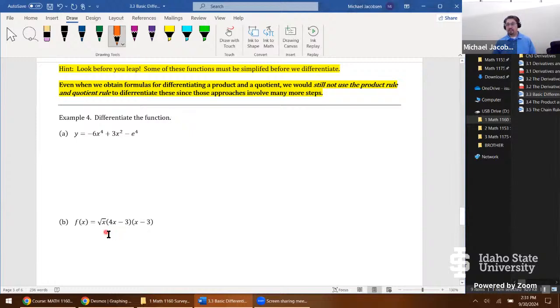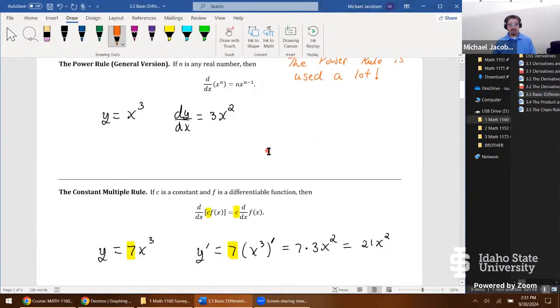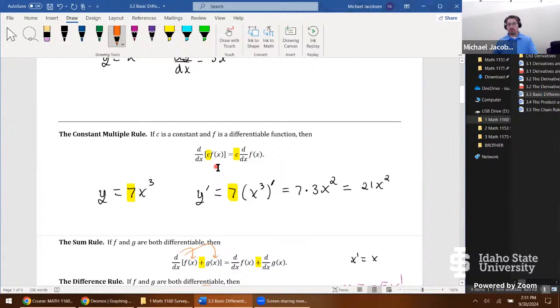If you look at the notes carefully, we don't yet have a formula for when things are being multiplied as functions. Sure, this -6 is multiplying x to the 4th, but for that, we have a constant multiple rule. It's this one up here. If you take a constant times a function, then your result is just take the constant times the derivative of that function.